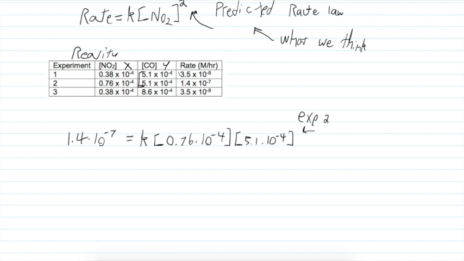Now we're going to put a similar thing on the bottom with experiment 1. The rate for experiment 1 is 3.5 times 10 to the negative 8 molarity per hour.